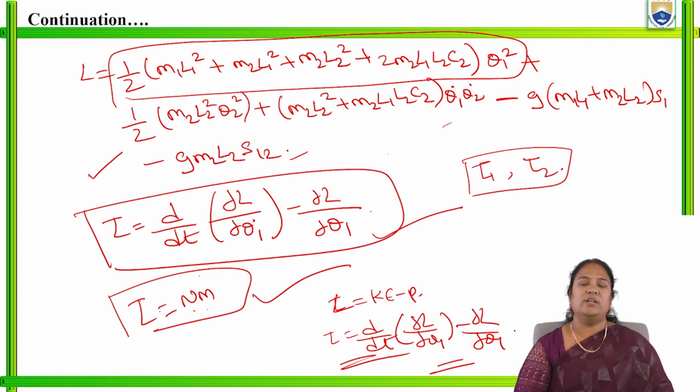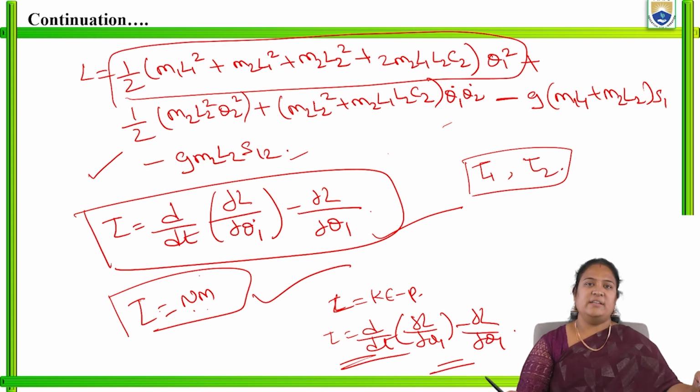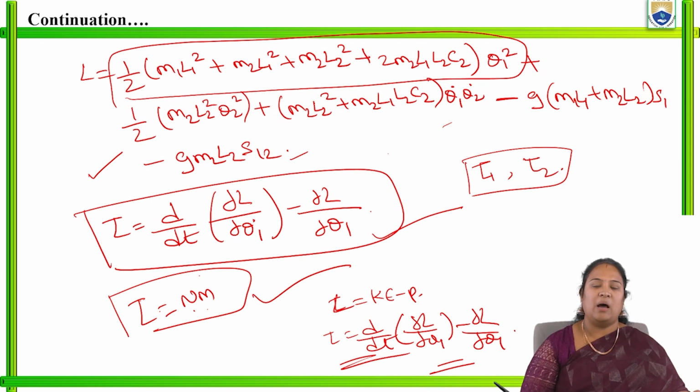And this is how we determine the motion, the dynamics, the kinetic energy or the potential energy of any particular robot manipulator, by the Euler-Lagrangian equation, right, where it will be determined by a differential method, that is d by dt of dou L by dou theta 1 minus dou L by dou theta 1, right?